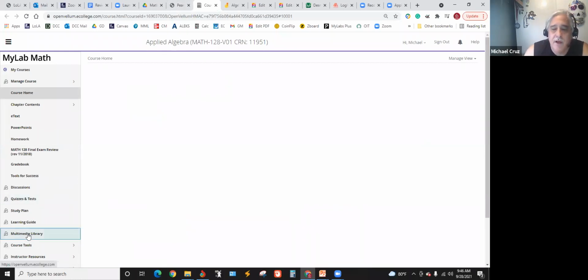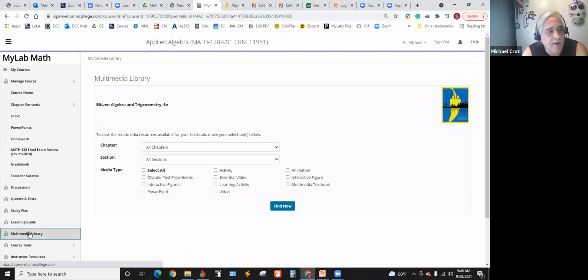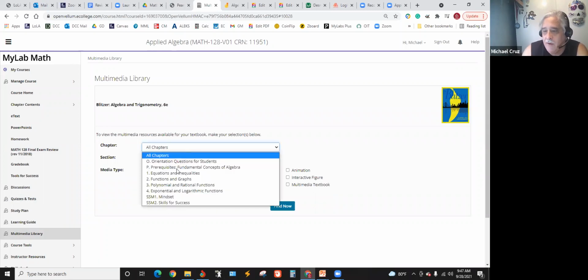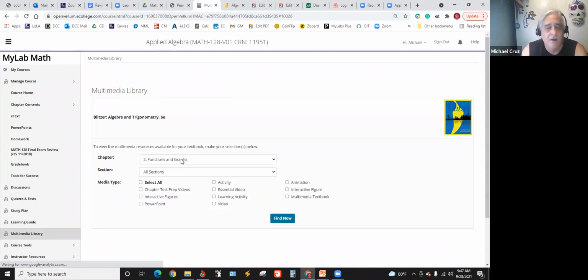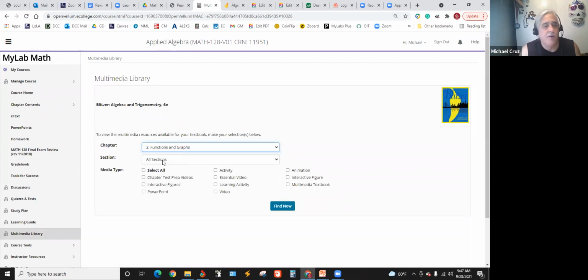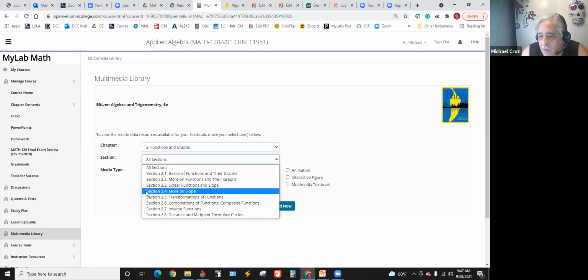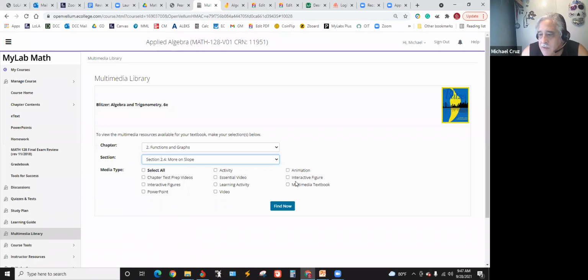Just in case you don't know it, at this point in college life, I don't think there's any point to having a hard cover textbook unless you want it, because you've got a textbook in here. You've got all kinds of multimedia stuff, including the multimedia textbook.